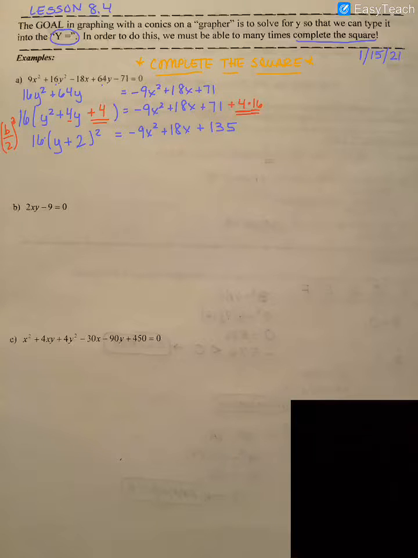So if we divide the left by 16, it's y plus 2, quantity squared. If we divide the right by 16, well, it's not looking very pretty, so I'm just going to make it a big old fraction: negative 9x squared plus 18x plus 135, all divided by 16.